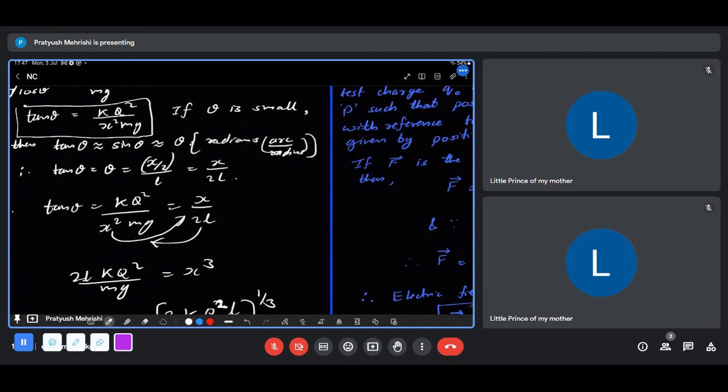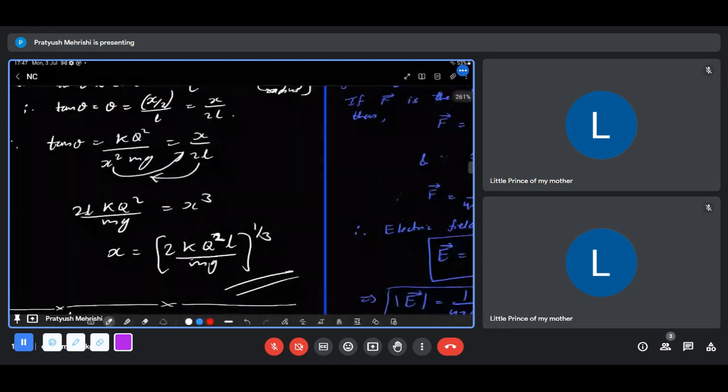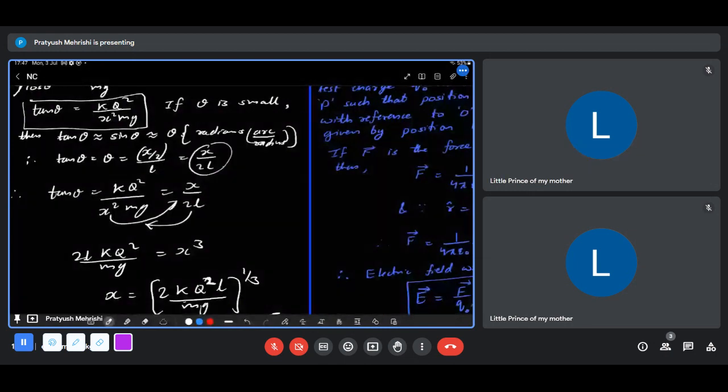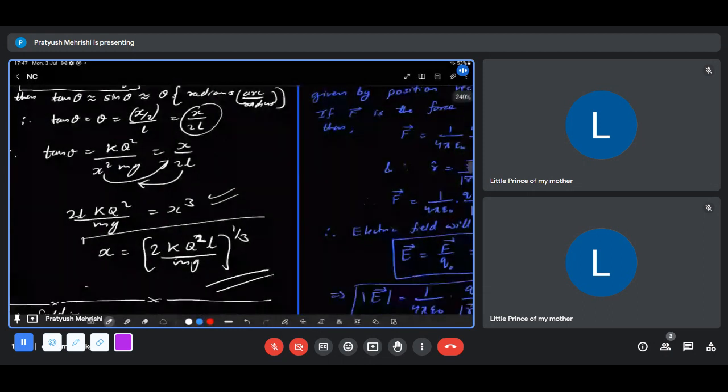Arc is x by 2, radius is L. So theta is coming out to be x by 2L. Therefore, by equating tan theta, we got the value of this equilibrium position x.